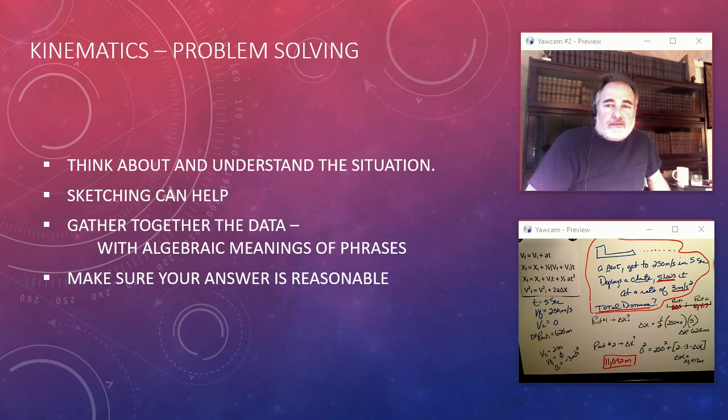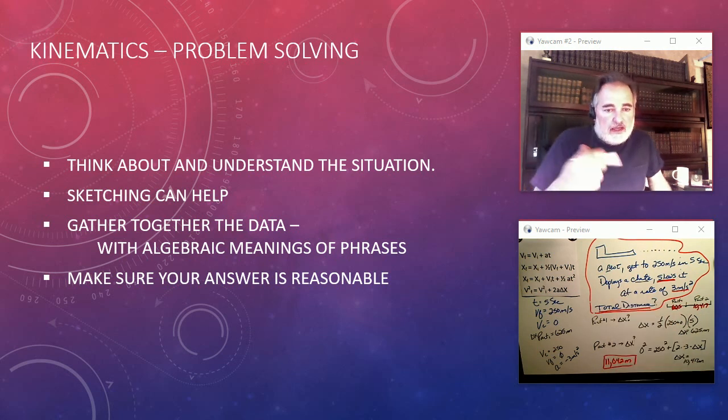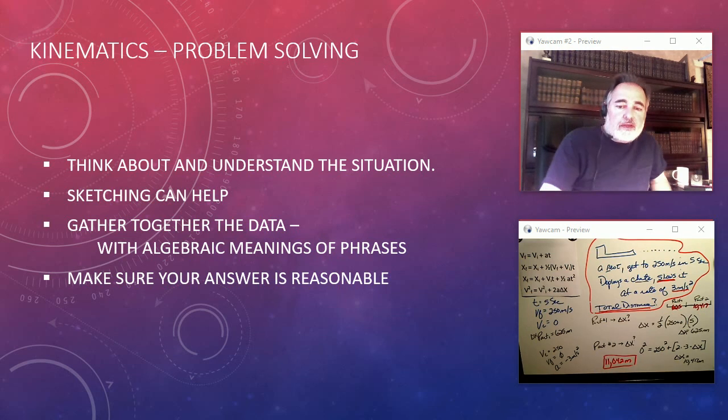I'm starting at rest, so velocity initial is equal to 0. I am coming to a stop, so velocity final is equal to 0. And make sure your answers are reasonable. If I come up with an answer here of 15 miles or 15,000 miles, obviously I've probably done something wrong with my equations. So keep that in mind. Try to look for reasonableness.